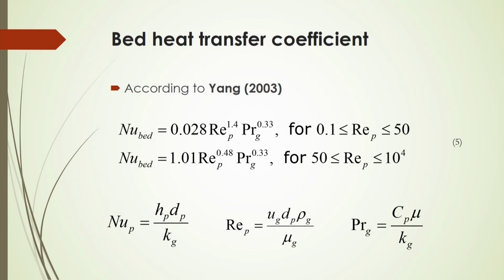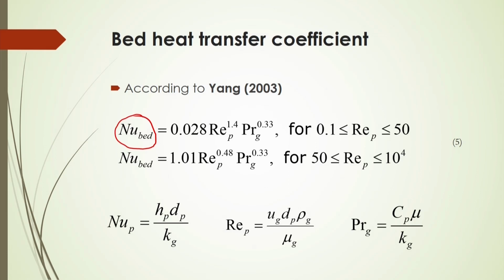They expressed the Nusselt number of the bed as equal to 0.028 into the Reynolds number of the particle to the power 1.4 into the Prandtl number of the gas to the power 0.33, and this correlation is applicable only for Reynolds number of particles from 0.1 to 50.